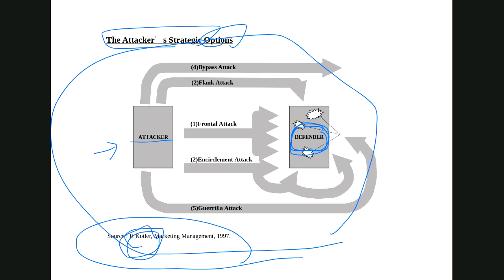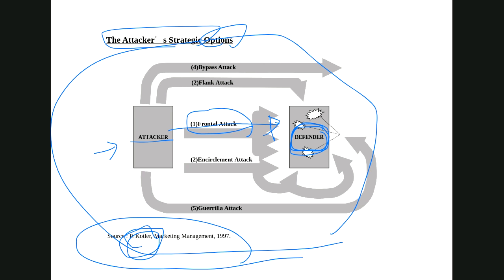Okay, if we are totally prevailing, if we have more than 10 times the money, time, and people, we don't need to worry about it and can just go forward and crush them. That's a frontal attack.